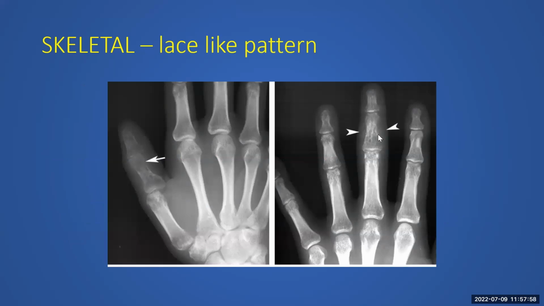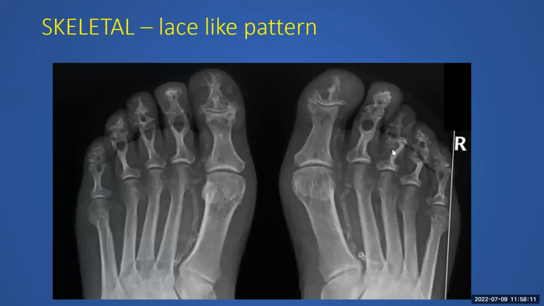Again, in one of the middle phalanges of the middle finger, you can see some sclerosis, but a lace-like pattern, and there's probably some sclerosis at the margins. Although we've said hands, here's an example of involvement of the phalanges of the feet.